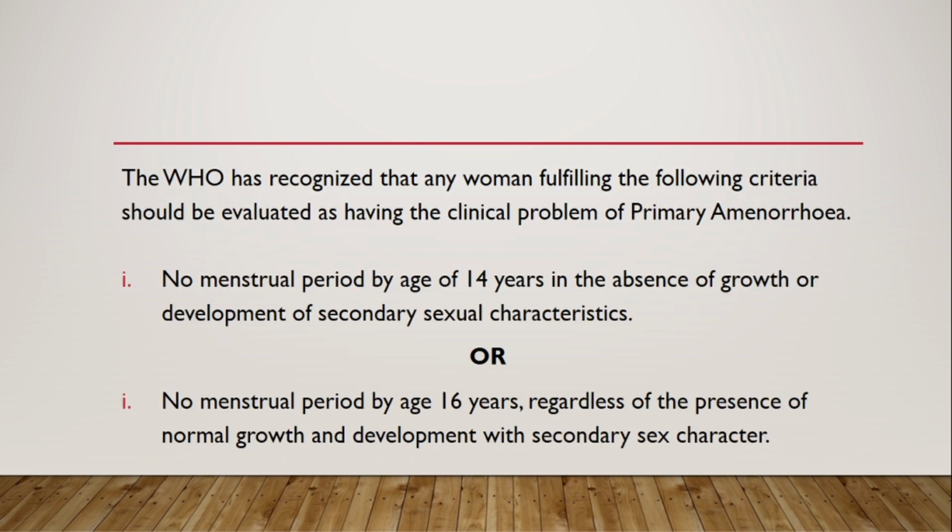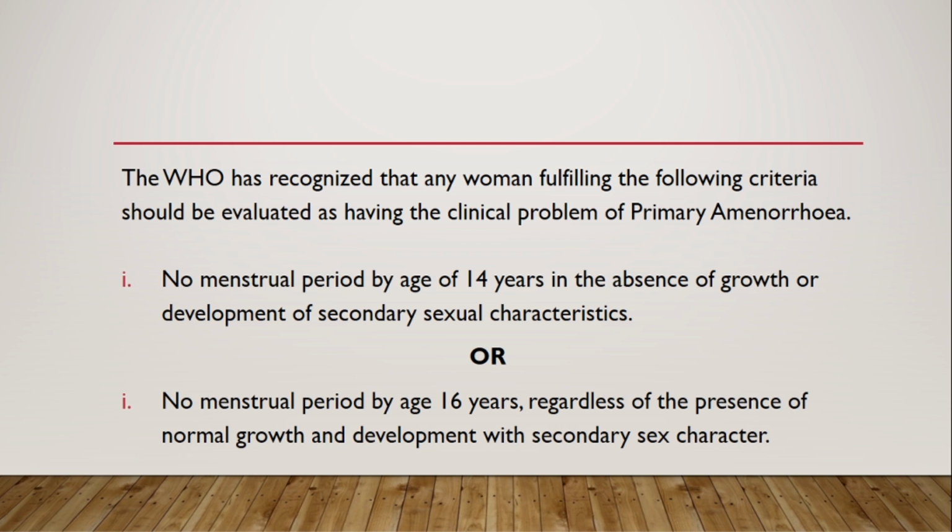The WHO has recognized that any woman fulfilling the following criteria should be evaluated as having the clinical problem of primary amenorrhea. One, no menstrual period by the age of 14 years in the absence of growth or development of secondary sexual characteristics.